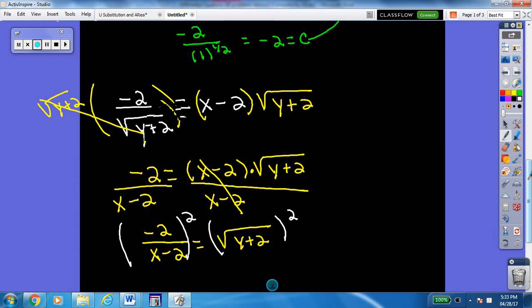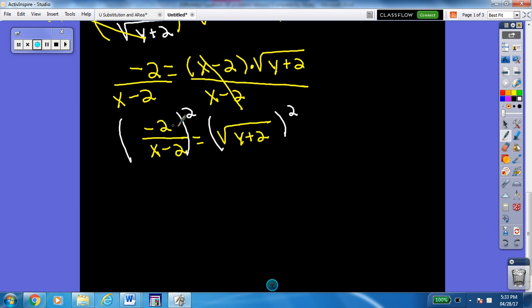So we're going to square it. Now, negative 2 squared is just 4. X minus 2 squared, well, we're just going to leave that as x minus 2 squared. We're not going to FOIL it out. There's really no reason to, just square it, leave it in that notation. This squared gave us y plus 2.